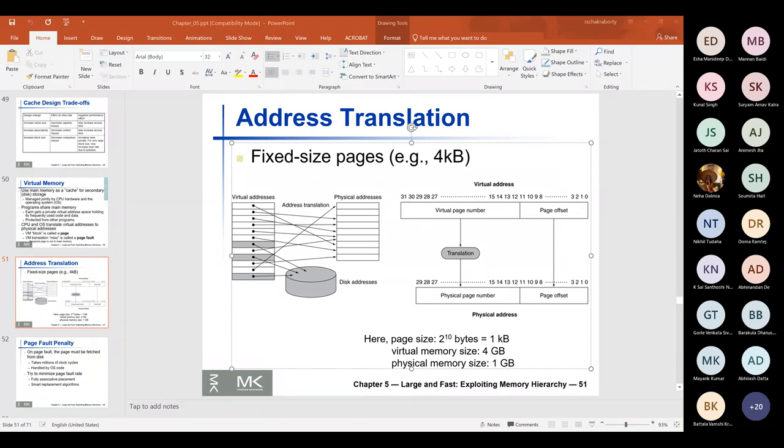For example, in the diagram shown above, because you have 32-bit virtual addresses, the virtual memory size is 4 GB. 2 power 32 is 4 GB basically, 2 power 32 bytes. However, if you look at the physical pages, it is 1/4 of that, because the MSB 2 bits are not present. It's only a 30-bit physical address. So physical memory size is 1 GB.